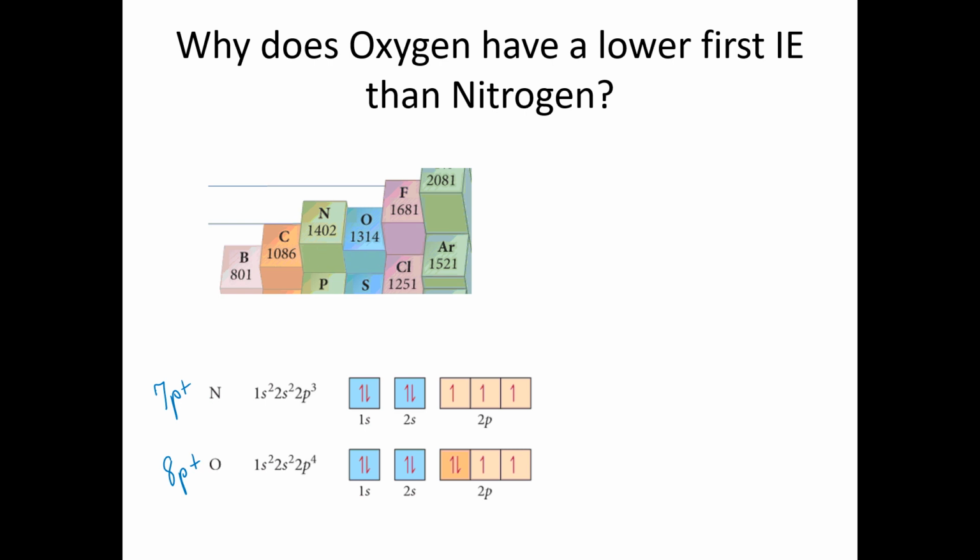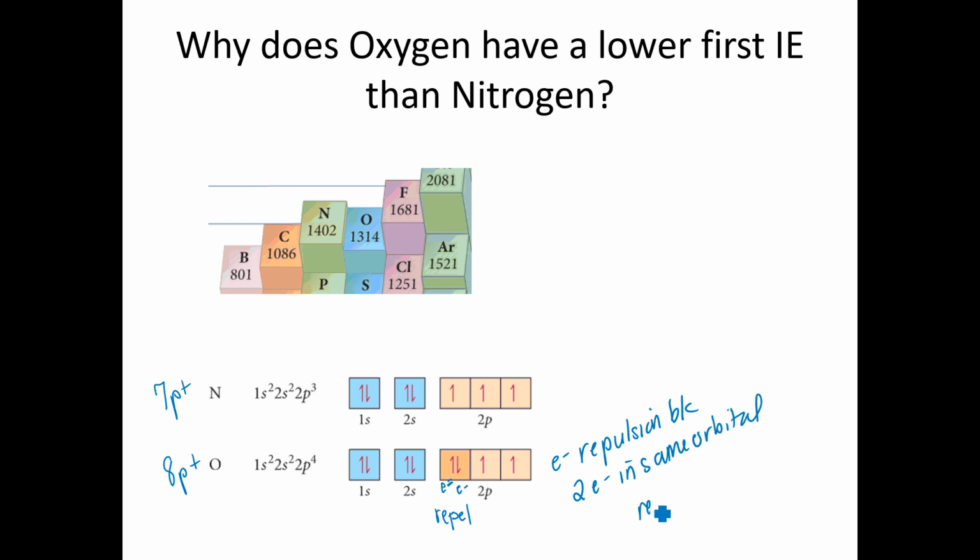So what is happening here? Well, if we look at their orbital diagrams, we'll notice that a difference between them is that oxygen has some electrons paired up, whereas nitrogen does not. And remember, electrons are negative, right? So if we put 2 electrons next to each other, like charges repel, so they are going to repel each other. So in oxygen, since we have 2 electrons occupying the same orbital, we have some electron repulsion.